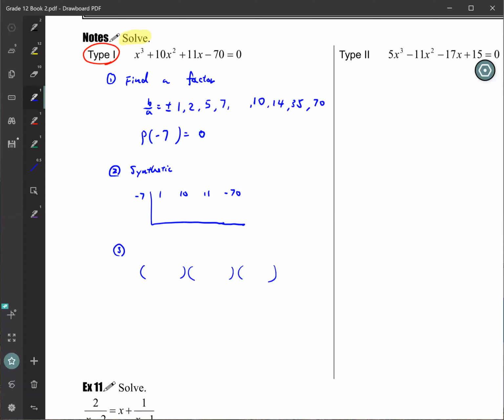Raise your hand if you get them. Drop 1 down. So -7, 3, -21, -10, 70. That will give us the quotient x squared plus 3x minus 10.